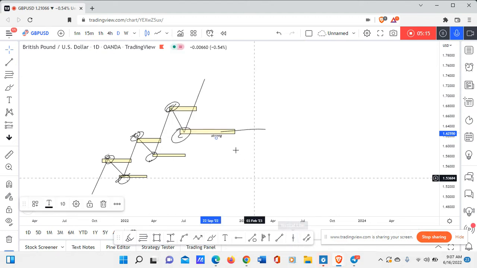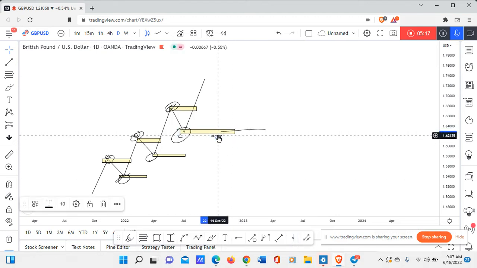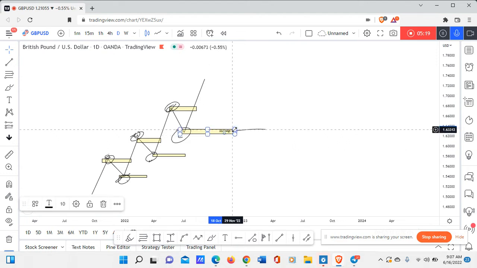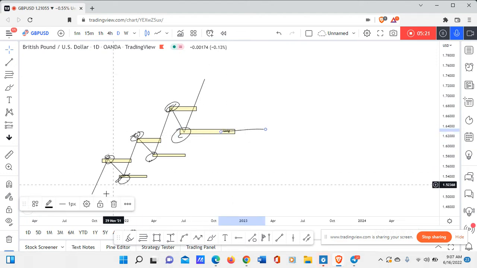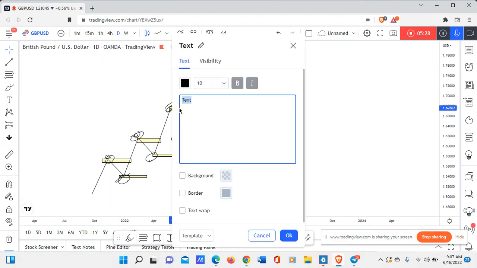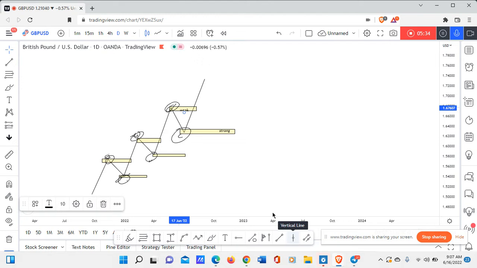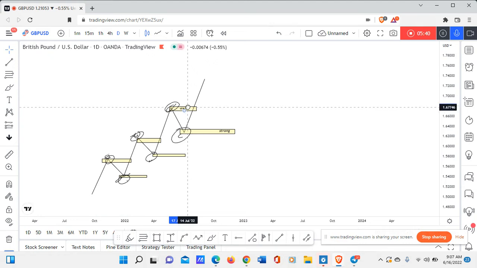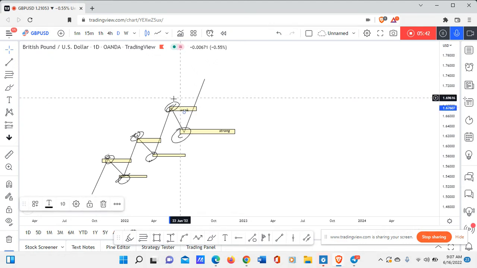Why? Because every time in a bullish trend, the market breaks our highs. So since we know that these highs are gonna be broken, we can say that they are considered to be weak.